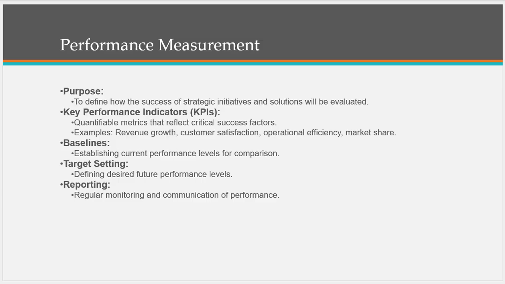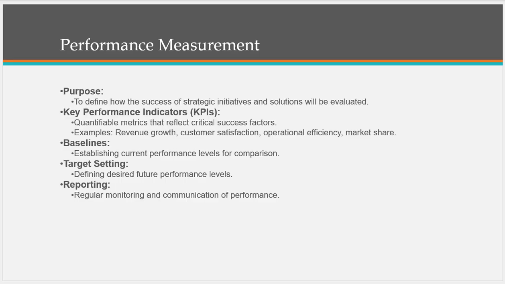They are quantifiable metrics that reflect the critical success factors. For example, revenue growth, how satisfied the customers are, what we are going to implement in the system to increase the customer satisfaction rate, operational efficiency, a bug-free operating system, and market share: how much market share we are going to achieve, and what techniques we should use.